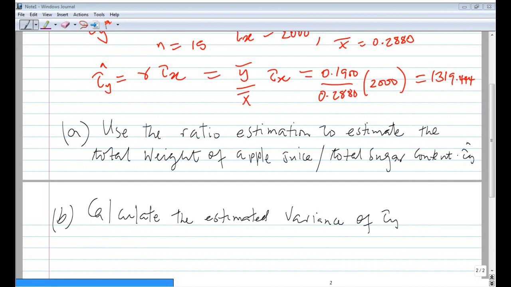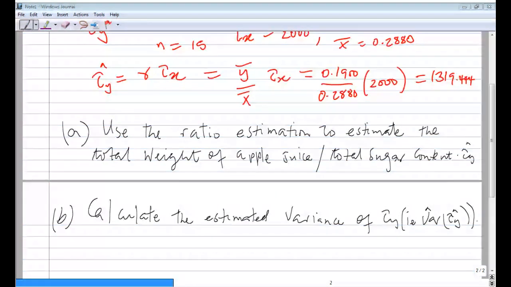You're calculating the estimated variance of the estimator that you have estimated in part A. So in other words, you have to find the estimated var of tau y hat.